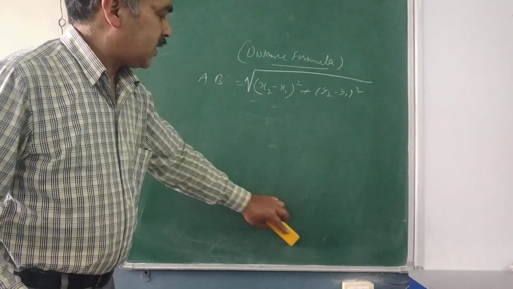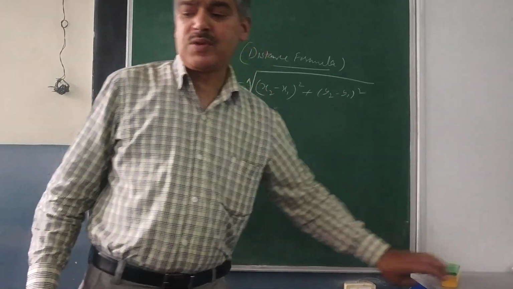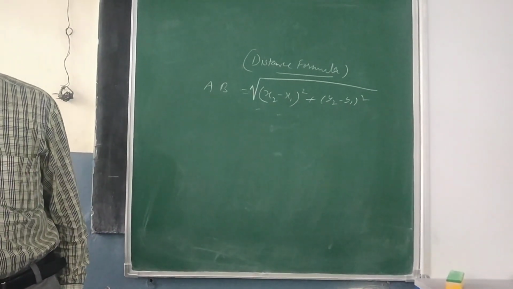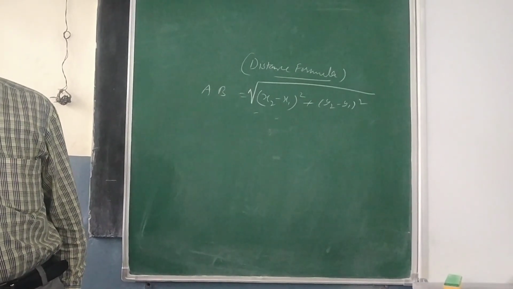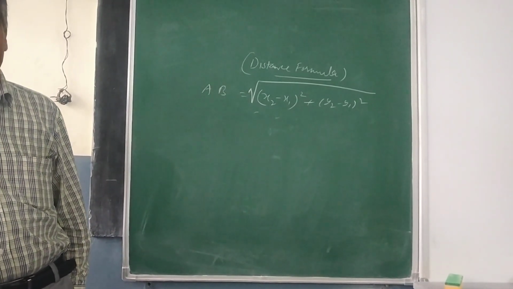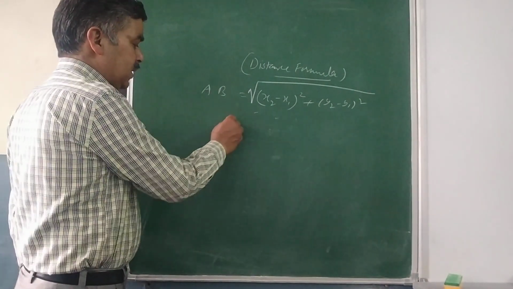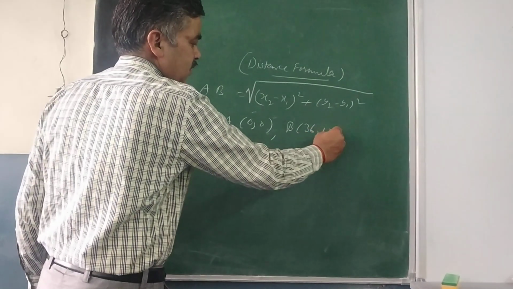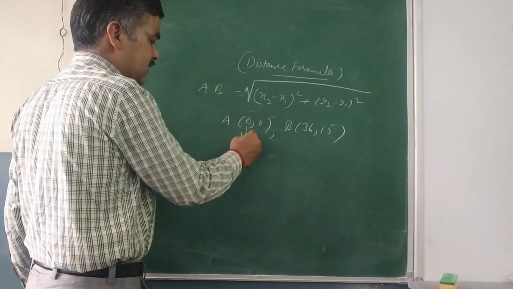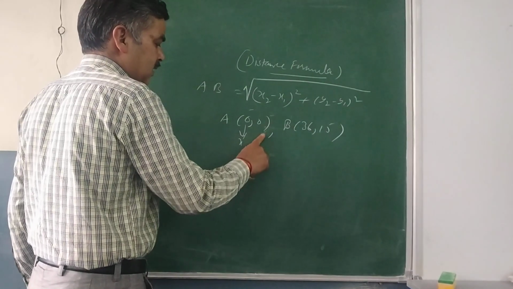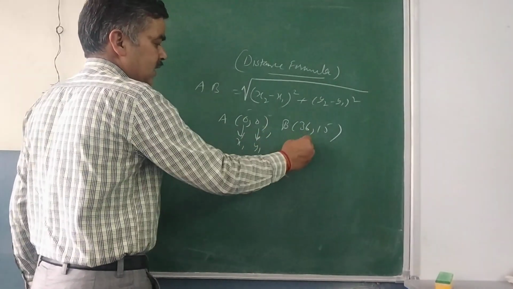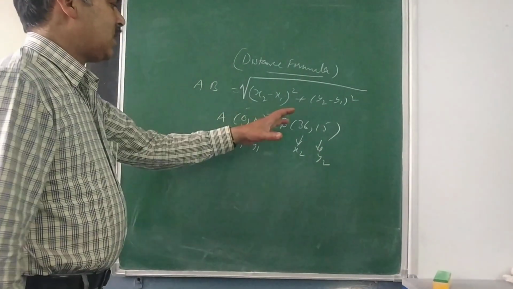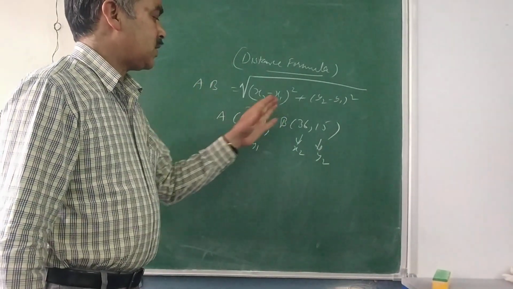Now if I take question number 2 of this exercise, in all three parts you have to apply it. Question number 2, you can see, is: find the distance between the points 0, 0 and 36, 15. So now take A as 0, 0 and B as 36, 15. Mark them as x1, y1 and then x2, y2. Now write these values, especially in those cases where the plus and minus signs are given.